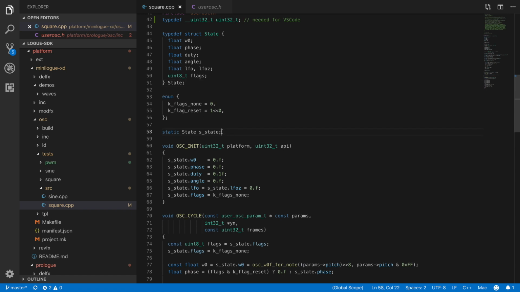And here, this is the actual variable. It's a static variable. This means that it's going to be defined once. You can call this a singleton if you like. So for the complete execution environment, there is only going to be one of the state variables. Now I hear you say, but what if I have multiple voices? How can this work that we just have one state if I do have 4 voices?